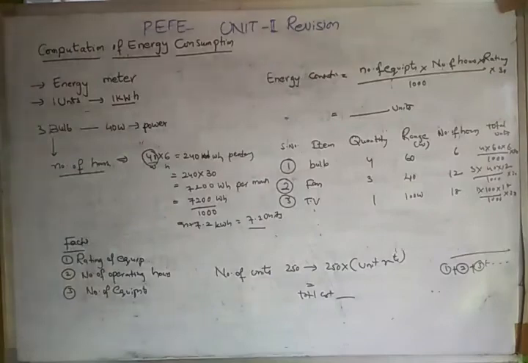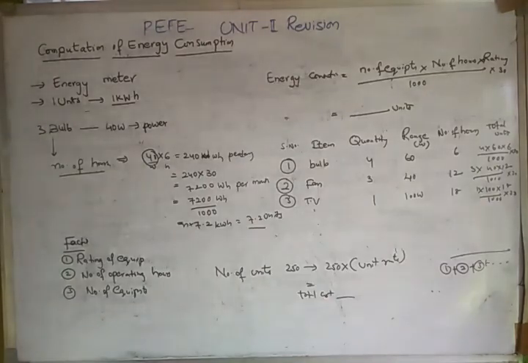The consumption of energy is mainly based upon the unit rate and the number of units consumed, which depends on three factors: rating of the equipment, number of operating hours, and number of equipments. It is calculated for 30 days, that is one month, though the number of days depends upon the month.